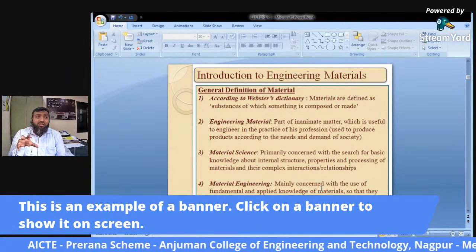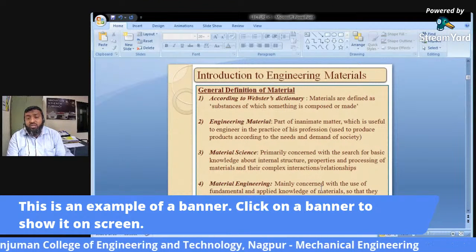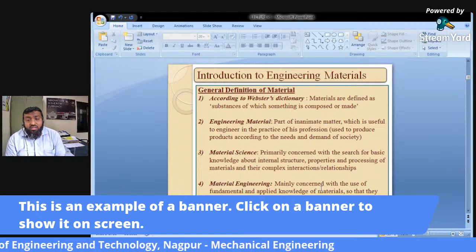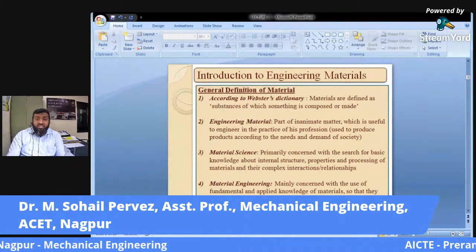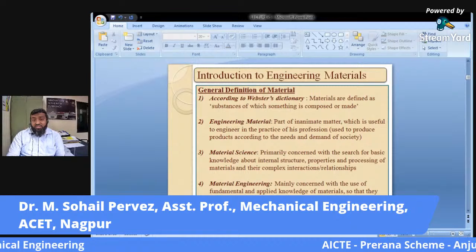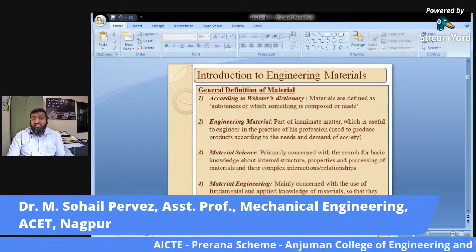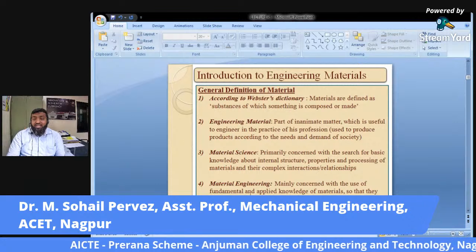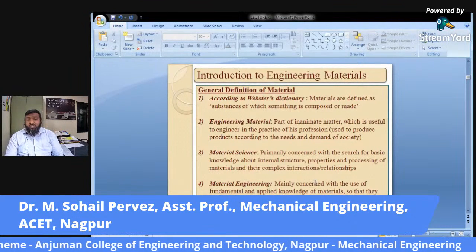This is what is expected from a technocrat or an engineer. The next is material engineering. So please concentrate on these four different definitions. The third definition is material science, which is nothing but the internal structure, properties and processing.